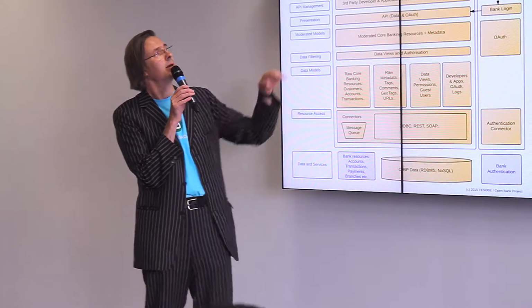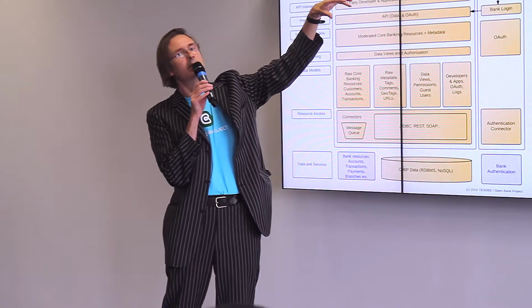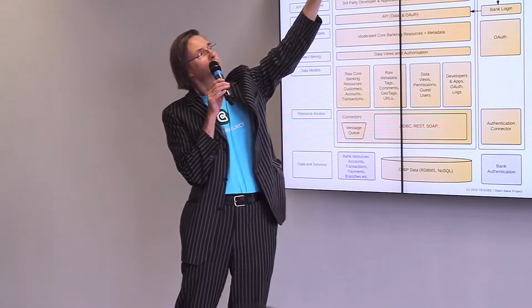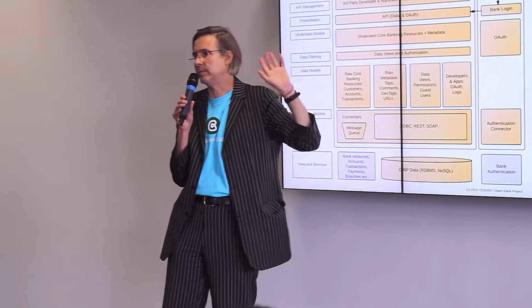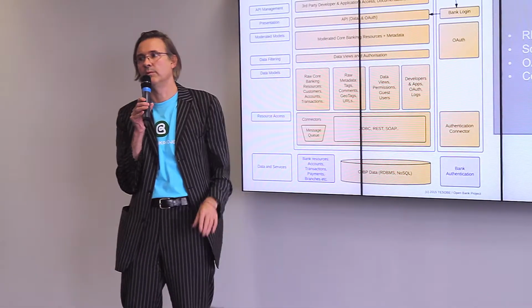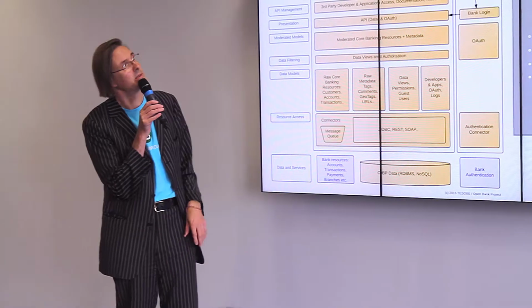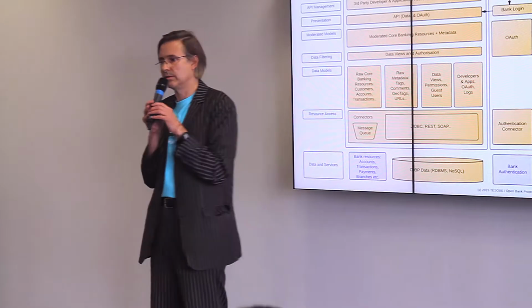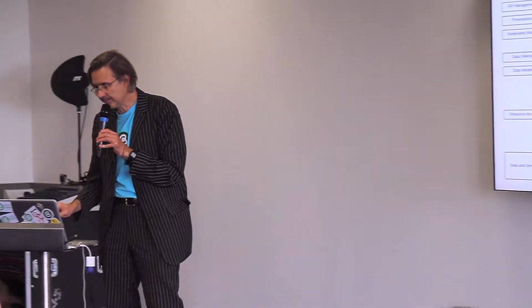We imagine that some of the other API vendors might be at this layer to do rate limiting, security, that kind of stuff. We don't handle that at the moment. We might add those features later on, but at the moment we're focused on the banking model and the added value there.